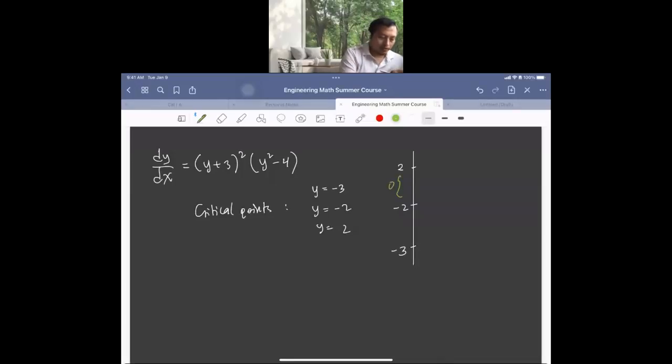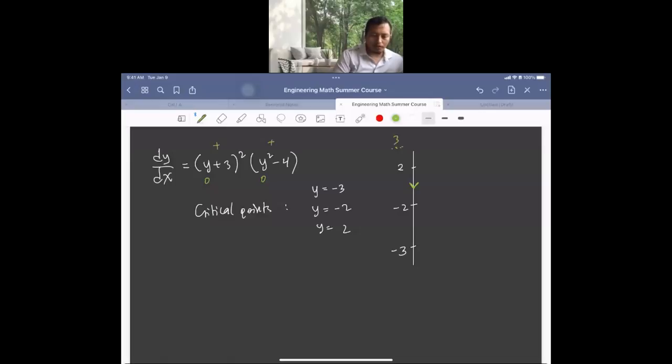So first, maybe going around here, we can try 0 and check 0 here, 0 here. We see that this becomes negative, right? If negative, we write going down like that. And maybe we take a positive here, maybe 3.